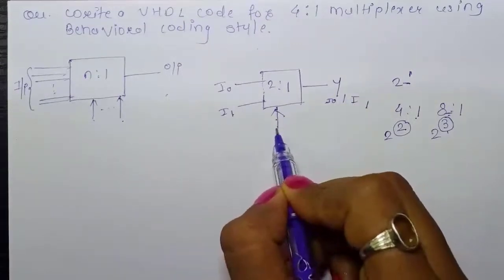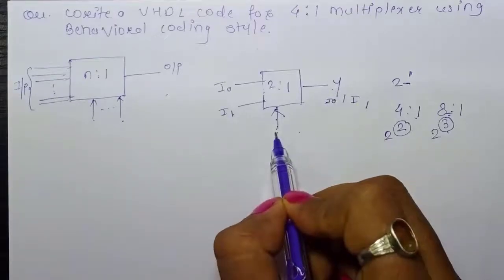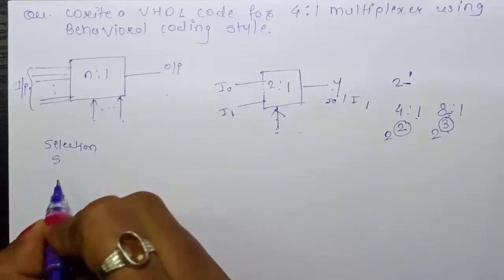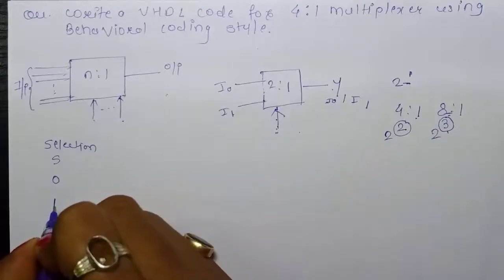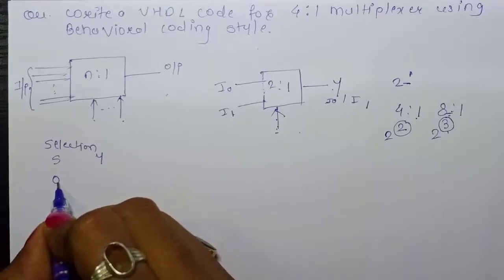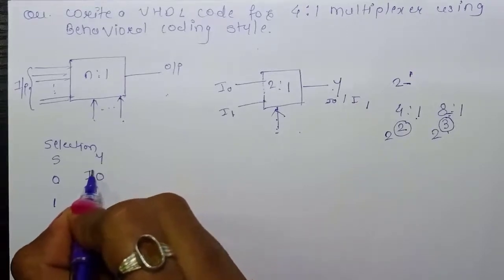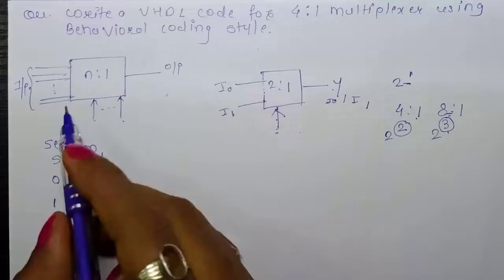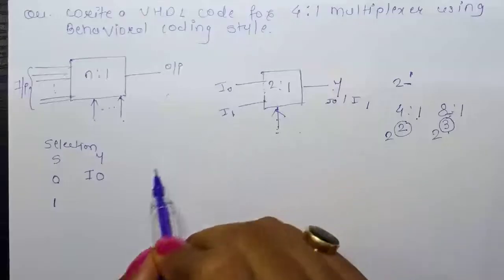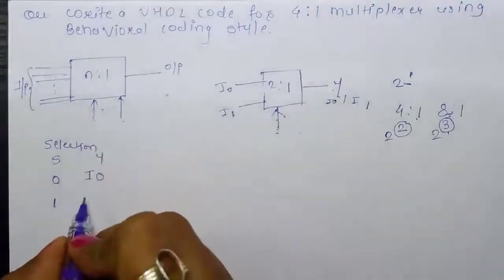The value of selection line is either 0 or 1, as there is only one selection line S0, and this is output Y. So if S0 is 0, your output will be I0, because I0 will be selected and connected to your output Y. Likewise, when S0 is 1, I1 will be selected and connected to output Y. So that time your output will be I1.